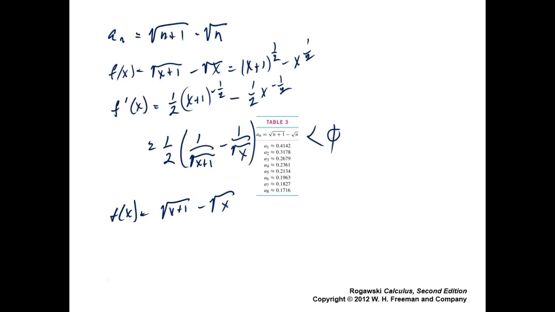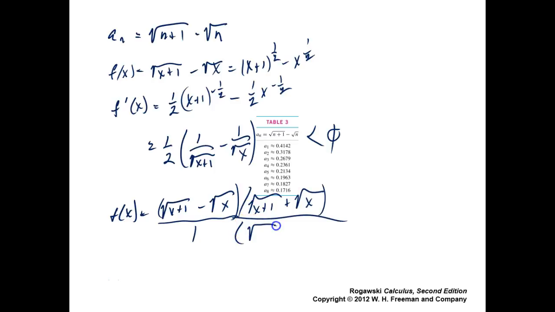Now here's the trick. Remember how we used to rationalize denominators? What we're going to do now is rationalize the numerator. Let's multiply this numerator, and this is over 1, by the square root of x plus 1 plus the square root of x.